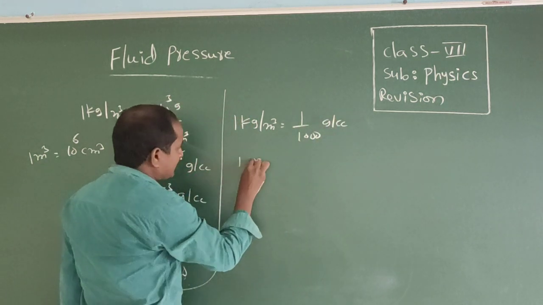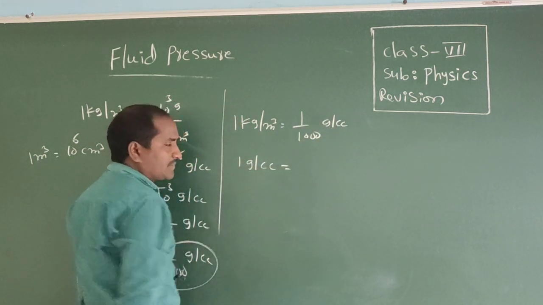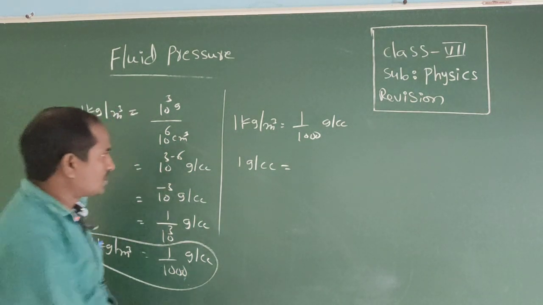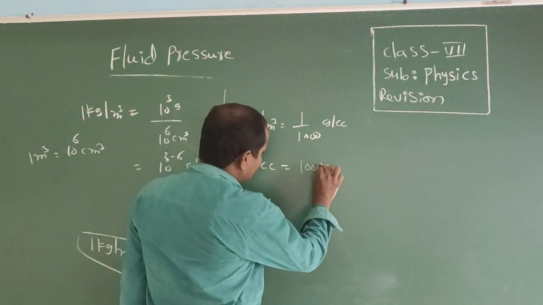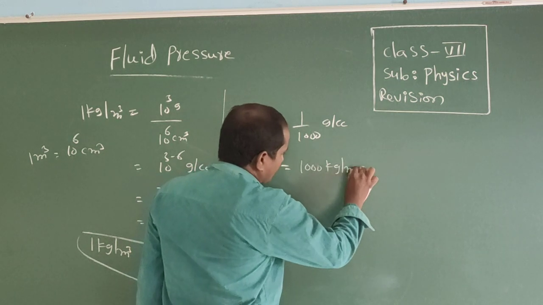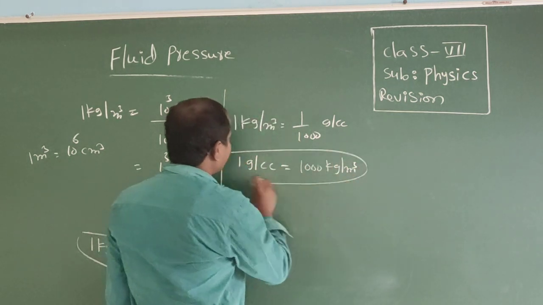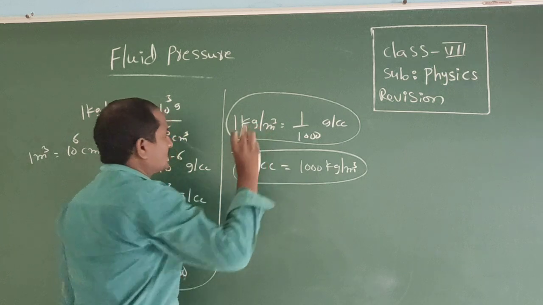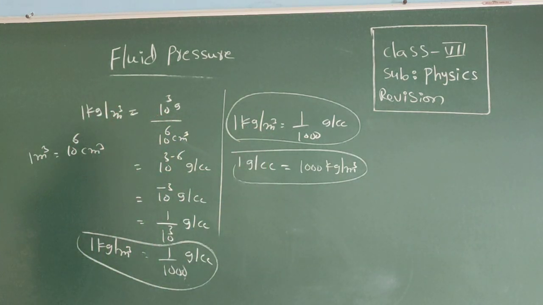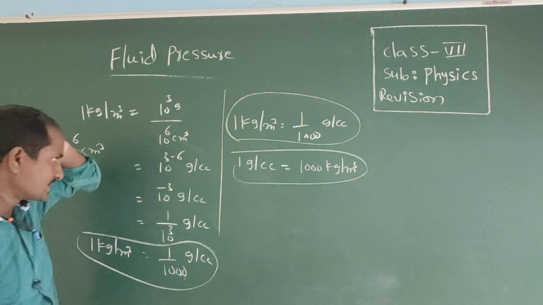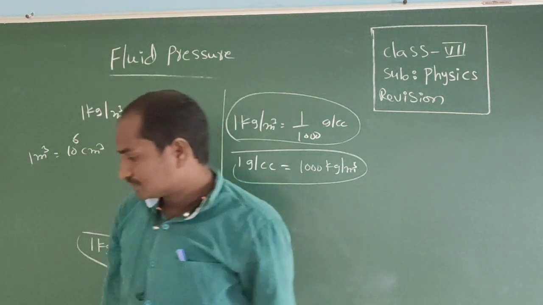At the same time, 1 gram per cc equals 1000 kg per meter cube.